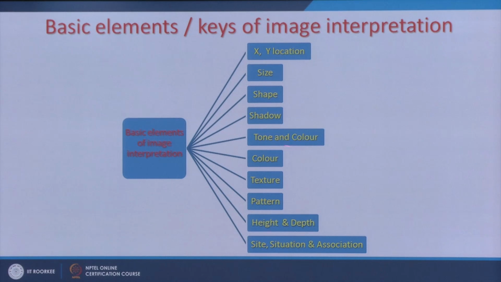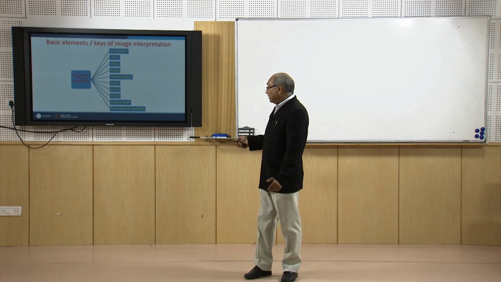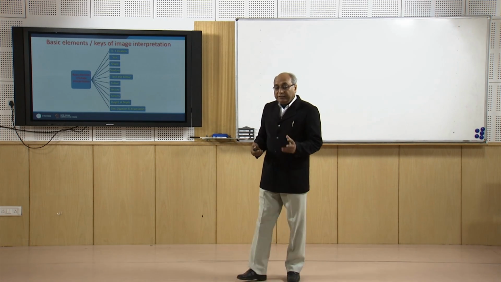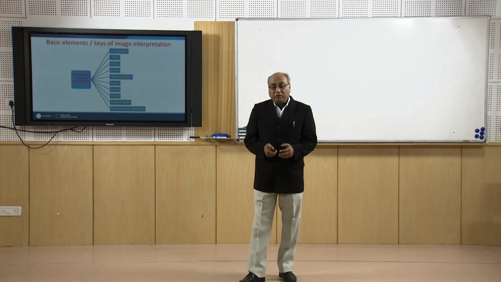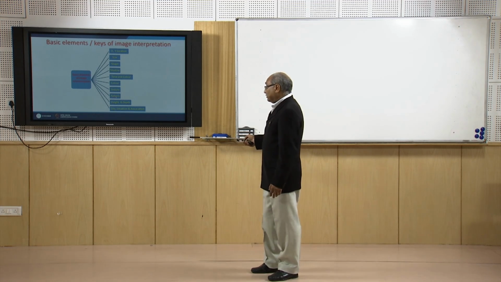Tone and color play a very important role, and then texture is also there, whether it is fine texture or coarse texture, depending on the type of objects present. Within a forest area you may find certain vegetation or certain areas showing fine texture, and in the same forest area you may find areas showing coarse texture.